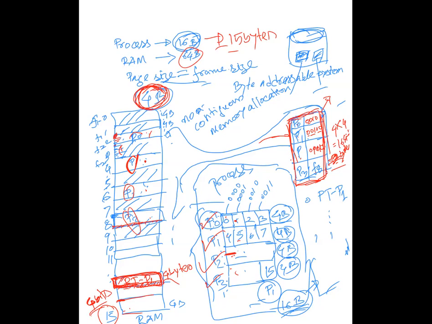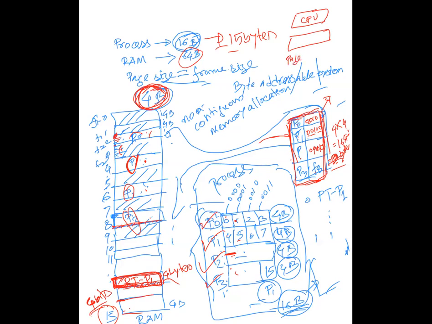But here, similar to the process table, the CPU has a register called the page table base register. This is your CPU, and it has a page table base address.